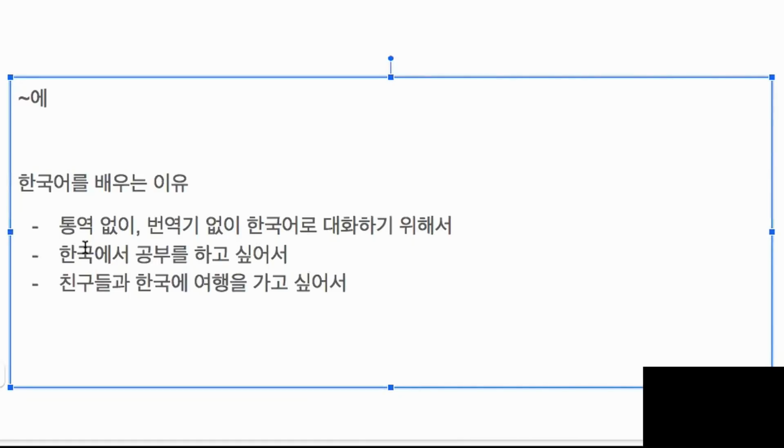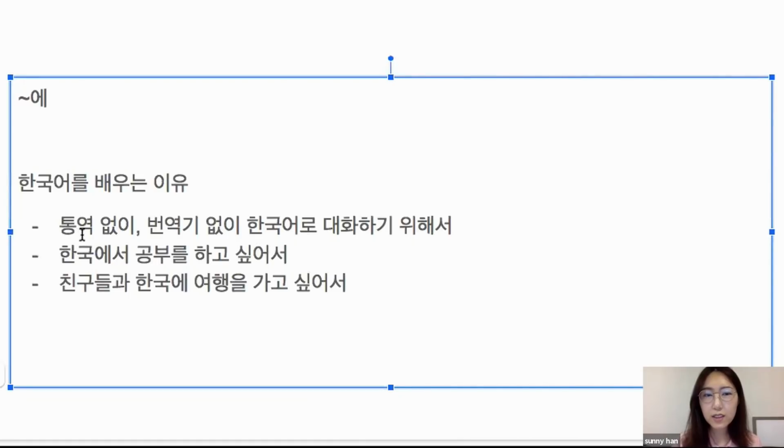So 통역, translate. 없이, without. 번역기, translator. 한국어로, with Korean. 대화, conversation.